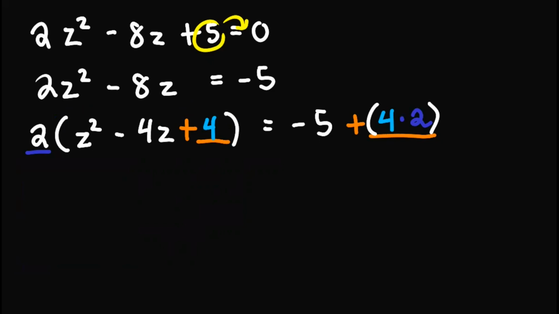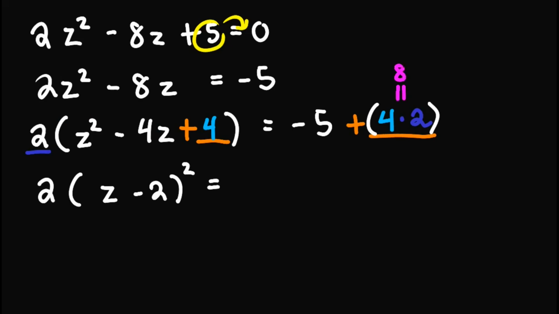Don't forget that one, since that is the crucial step in dealing with the completing the square method with a coefficient on the leading variable that is not 1. On the left side, since we know that this is a perfect square trinomial, this is simply 2 times z minus 2 squared equals, on the right side, 4 times 2, which is 8.